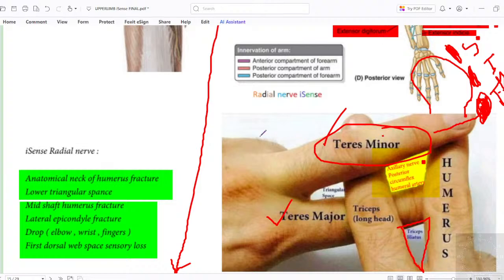This is the triangular space, this is the quadrangular space, and this is called the triceps hiatus. Sometimes they ask about the boundary, sometimes about the content. First, we learn about the boundary.